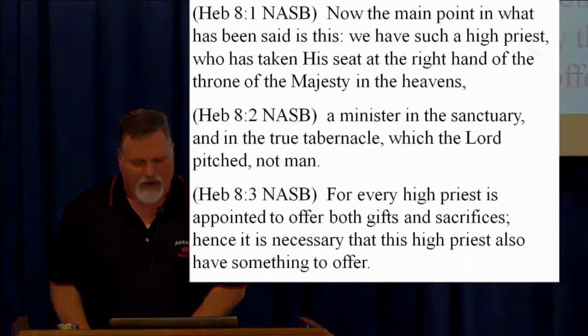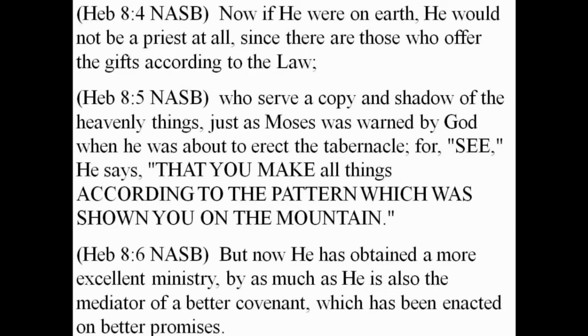Starting at verse 1, now the main point in what has been said is this. We have such a high priest who has taken his seat at the right hand of the throne of the majesty in the heavens, a minister in the sanctuary and in the true tabernacle, which the master pitched, not man. For every high priest is appointed to offer both gifts and sacrifices. Hence it is necessary that this high priest also have something to offer.